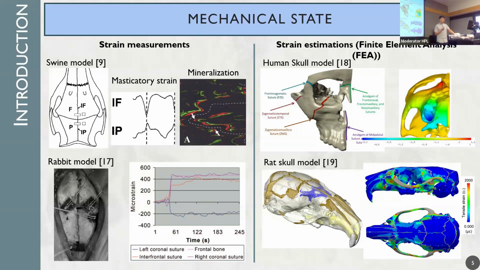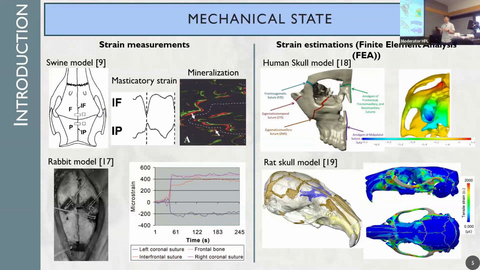Intracranial pressure is important because during early development, when the brain is actively growing, it causes high intracranial pressure, and to accommodate that rapid growth, the skull also grows very quickly.